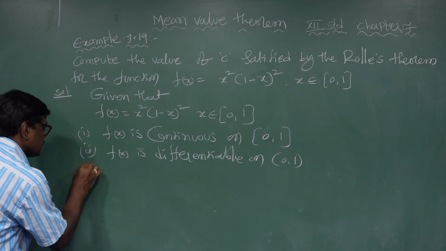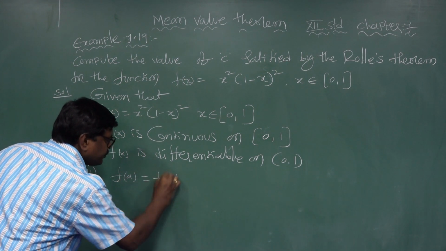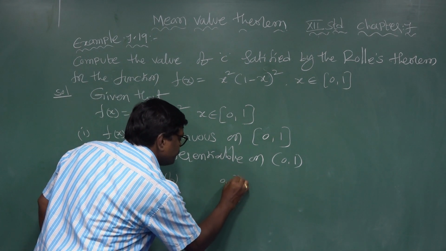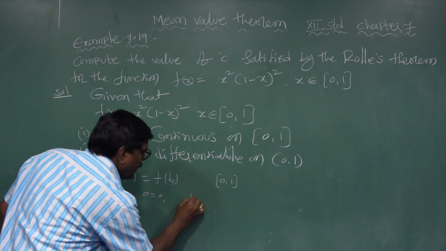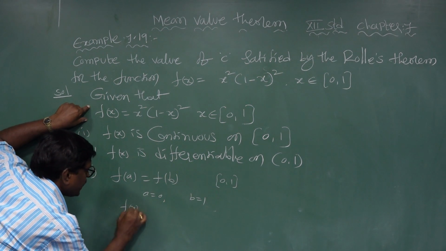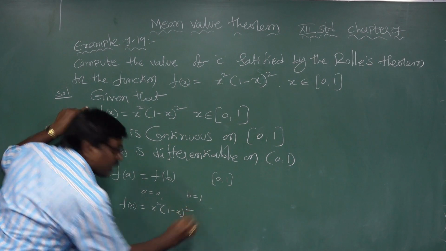Third case, f of a equals f of b, where the interval is 0, 1, so a equals 0 and b equals 1. The function is f of x equals x square into 1 minus x whole square.